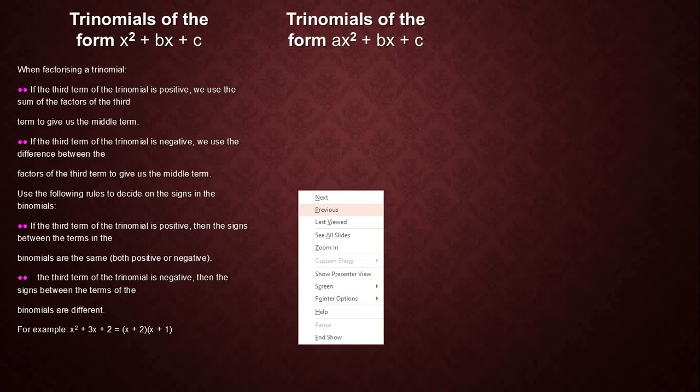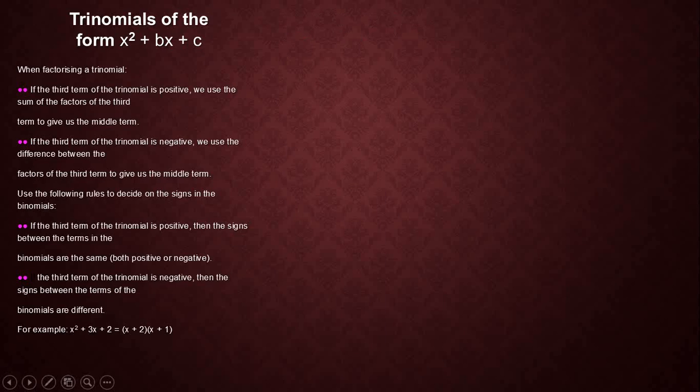Before we move on, let me explain this with the information that we're already given here. If the third term of a trinomial is positive, we use the sum of the factors of the third term to give that middle term.